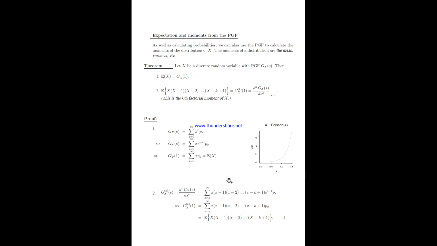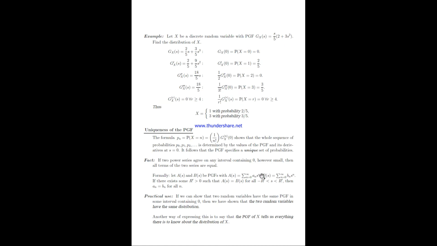If s is defined in the interval between minus R' and plus R', and these two probability generating functions are equal, then all of the probabilities should be equal as well.